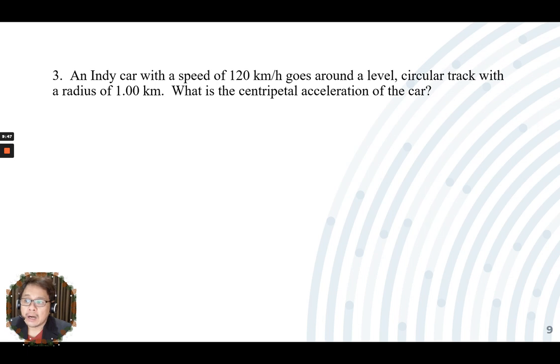Number 3, an Indy car with a speed of 120 kilometers per hour goes around a level circular track with a radius of 1.00 kilometers. What is the centripetal acceleration of the car? So centripetal acceleration A sub c is equal to v squared over r.